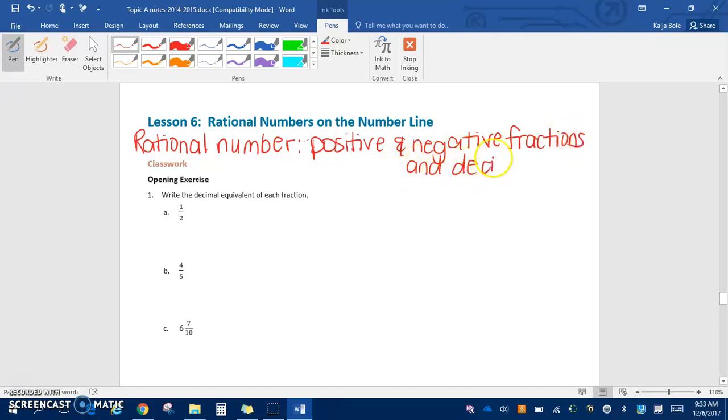And remember, this already includes whole numbers because whole numbers can be written as a fraction anytime because they're always over 1. So now that we have that, we're going to look at our examples here.